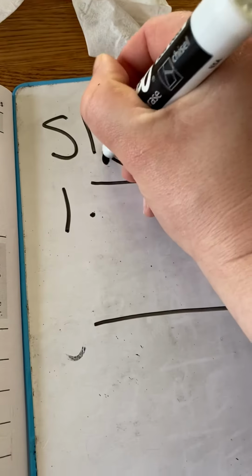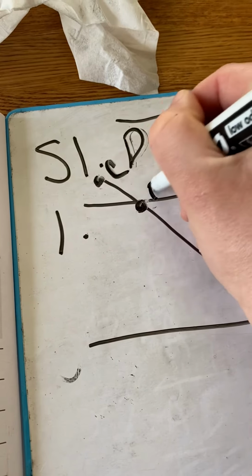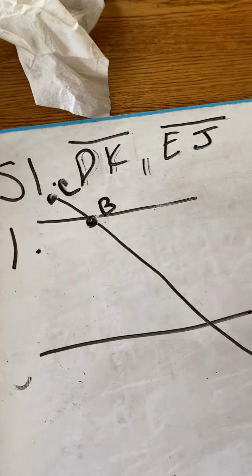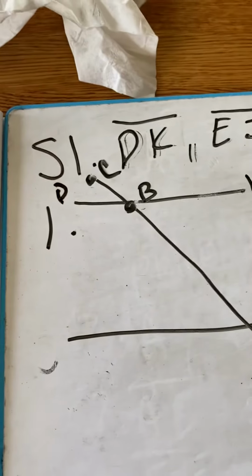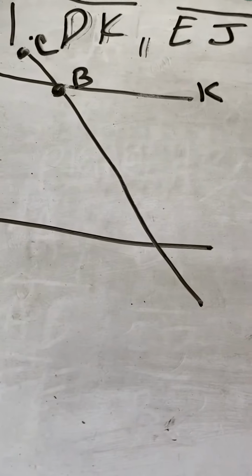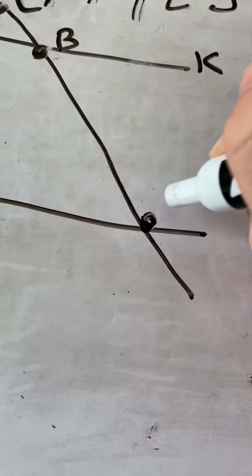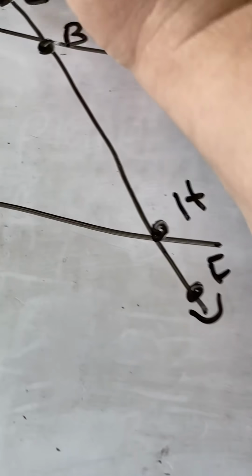So it has letter C up here, and then we have B, which intersects with line KD, if you can see that. And then I have down here the letter H, and this end of the line was I. Draw my arrows so we know where they end.